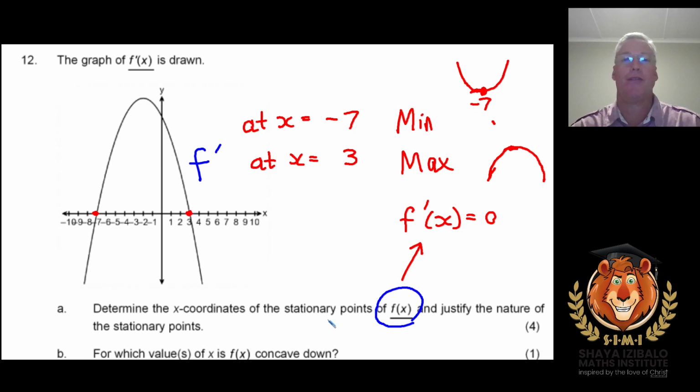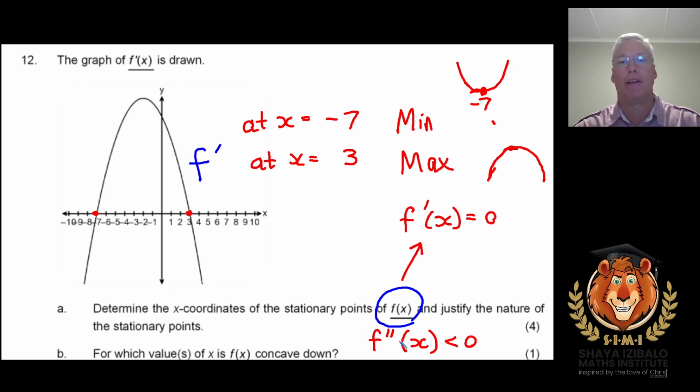Then it asks us for which values of x is f of x concave down. For f of x to be concave down, we need the second derivative to be negative. Remember that this is the graph of f dashed of x. The gradient of this graph will be achieved by finding our second derivative.